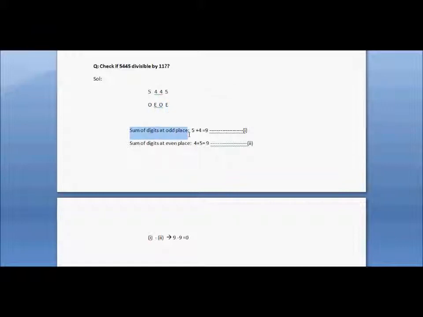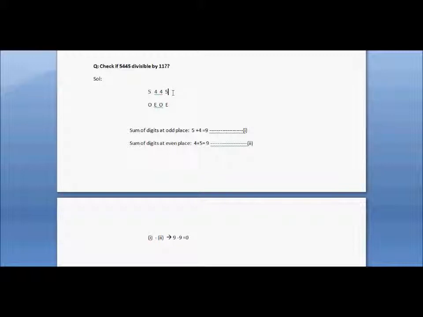So the sum of digits at odd places is this 5 and this 4, which is 5 plus 4, 9. The sum of digits at even places, this 4 and this 5, so 4 plus 5, again 9. Subtracting, let's say this is 1, this is 2. 1 minus 2, 9 minus 9, 0. 0 is divisible by 11, right? So we say 5445 is divisible by 11.